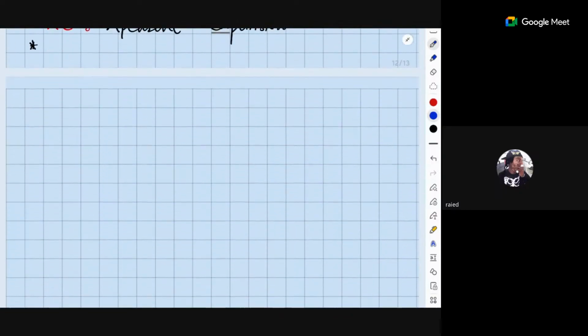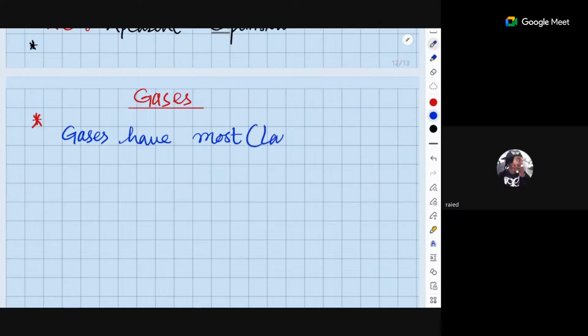Okay. Now there is the last entity, which is basically the gases. So in thermal expansion, the third participant is the gases. In gases, they have the highest expansion. Yani, the gases have the most expansion, or largest expansion. Okay, and what happens to the gases when you increase the temperature?